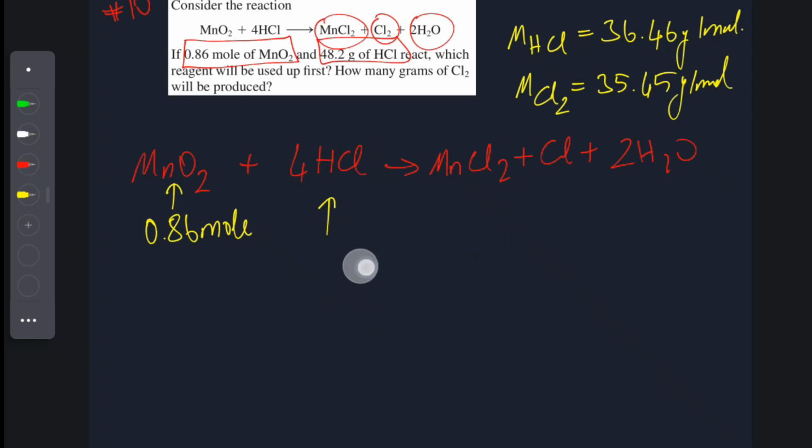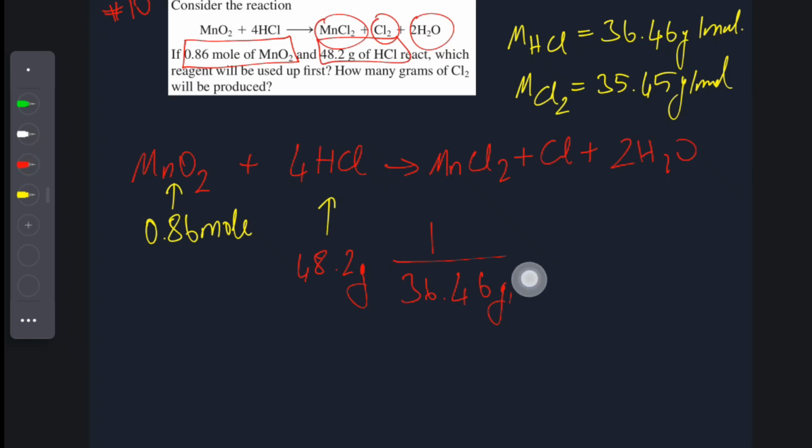And how can I do that? Simple. This is the mass of the HCl, and the molar mass is 36.46 grams per mole.